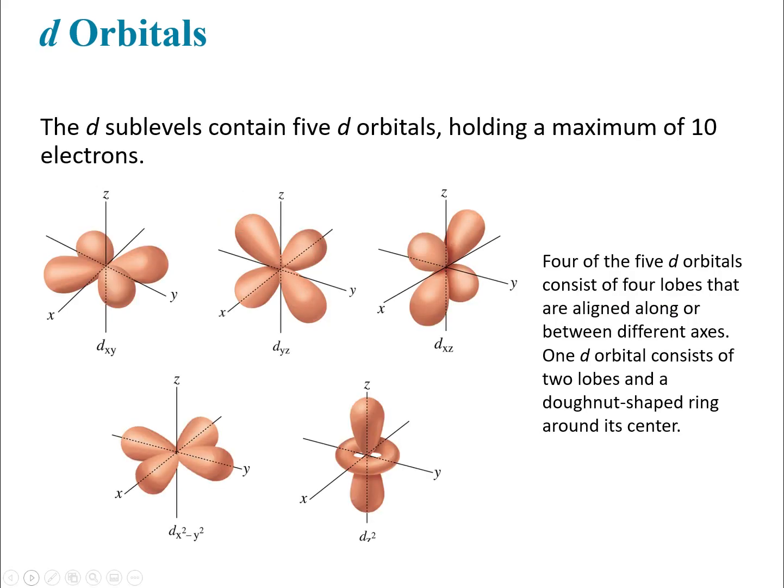The d sublevel contains 5 orbitals. Each of those orbitals can hold 2 electrons. So that means the d sublevel can hold a maximum of 10 electrons. The shapes of these orbitals are a little bit funky. So 4 of them have this kind of clover leaf shape.